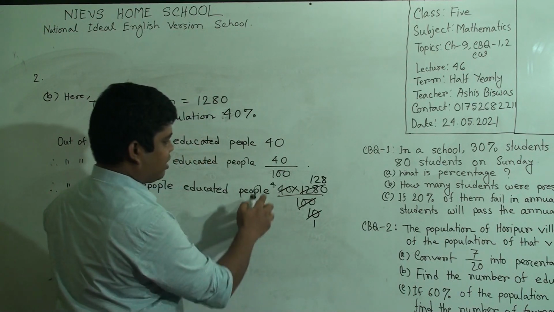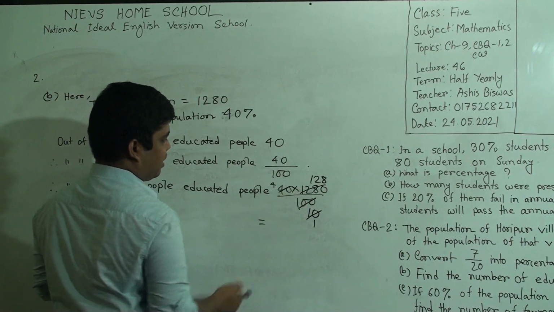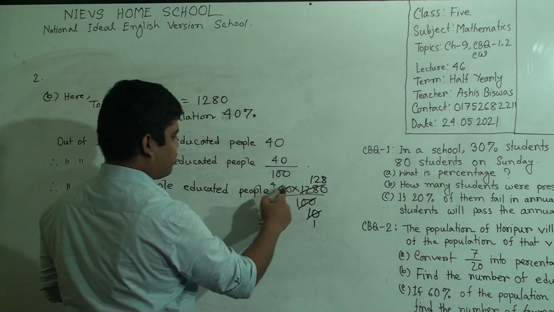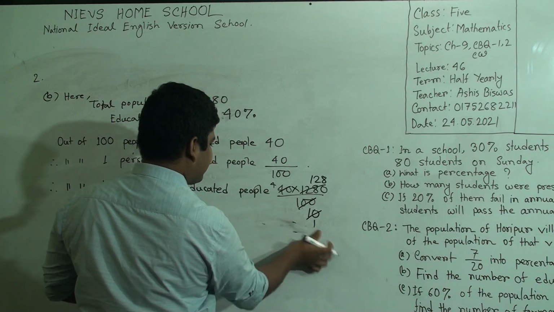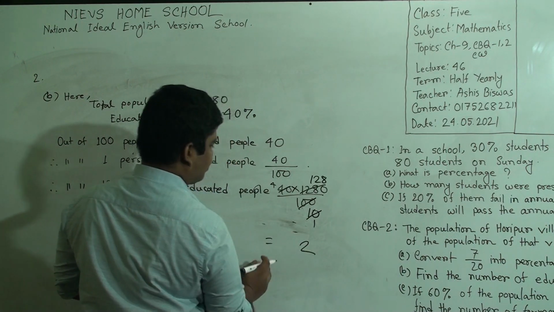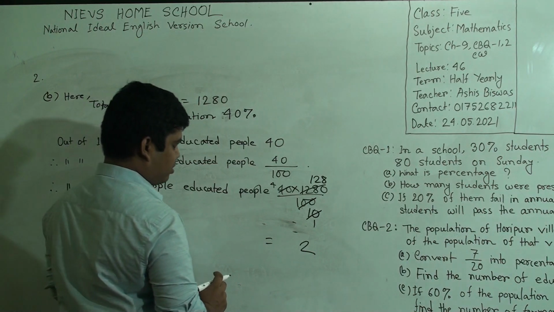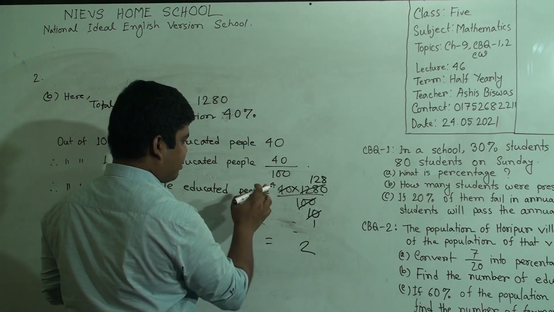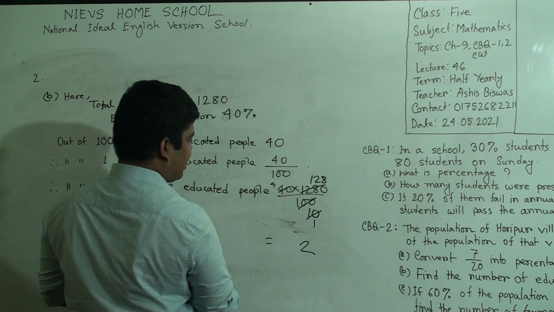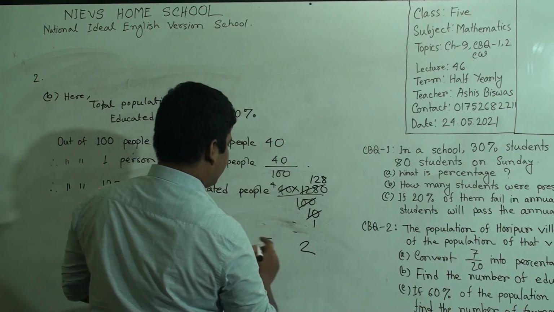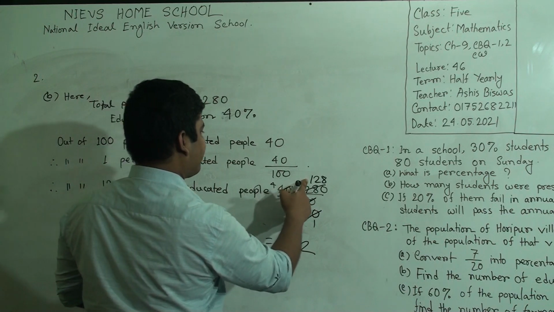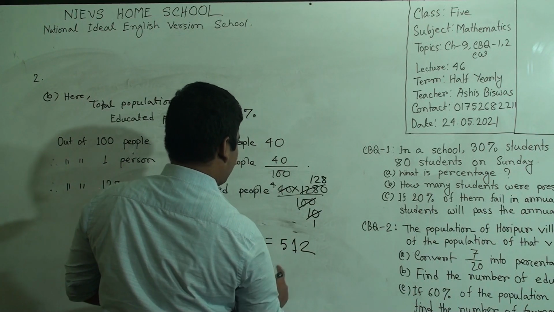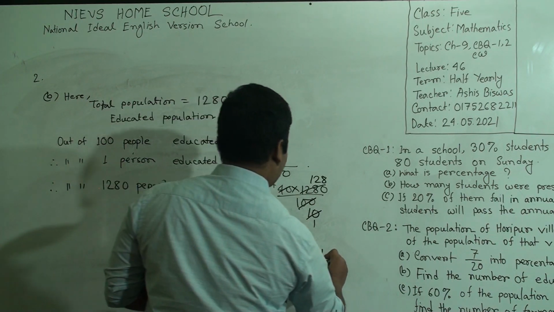Now as a numerator 4 and 128 left, so we multiply these two numbers. 4 8s are 32, carrying 3. 4 2s are 8, 8 plus 3 is 11, carrying 1. 4 times 1 is 4, plus 1 is 5. So 512 people.